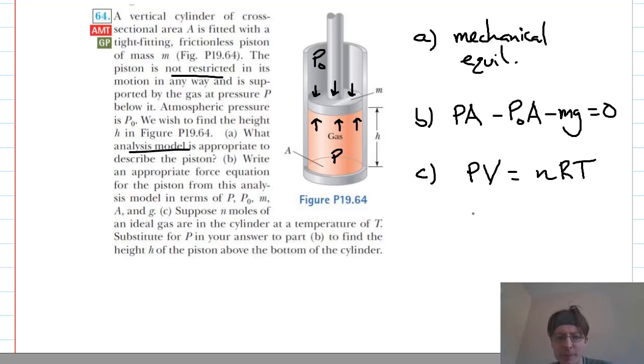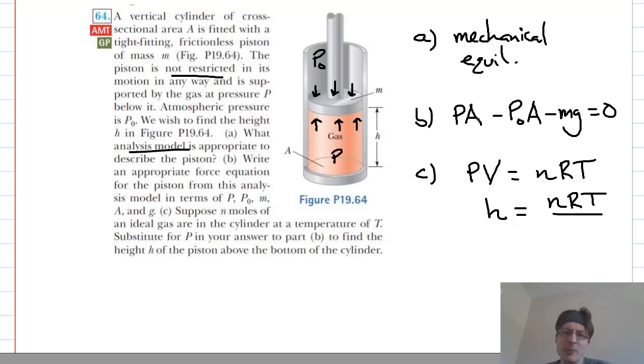In other words, on the left side here, the volume of the gas is just the area of the chamber multiplied by the height. It's a cylinder, so just area times height gives the volume. So in other words, I can solve for the height. The height is going to be nRT divided by the pressure times the area.